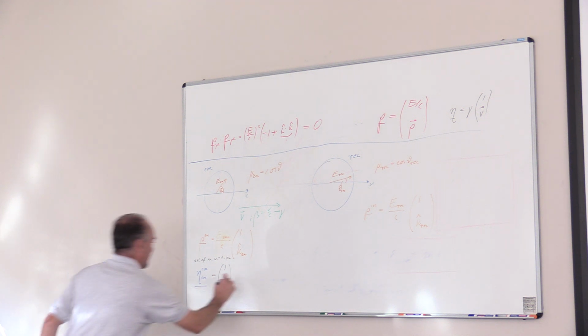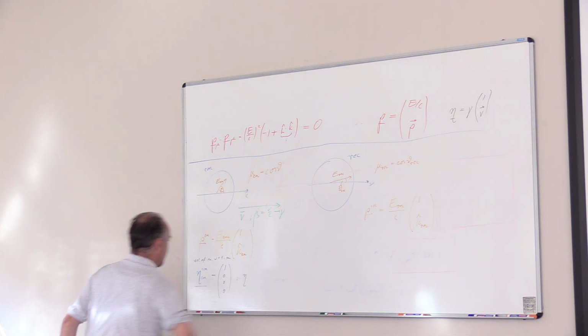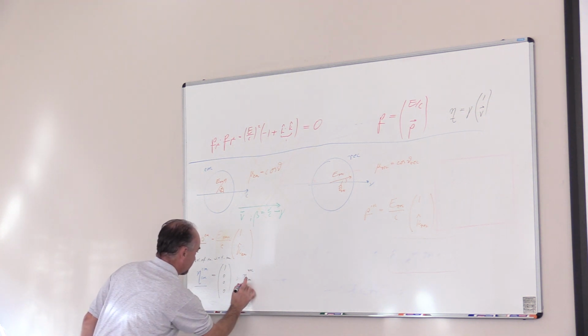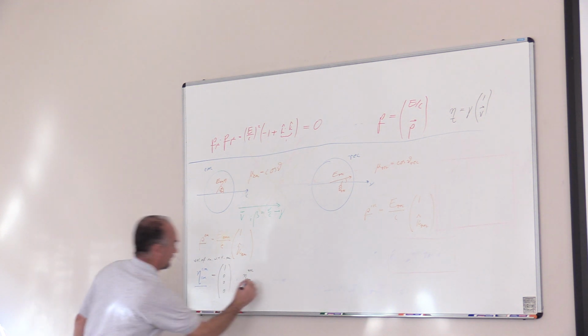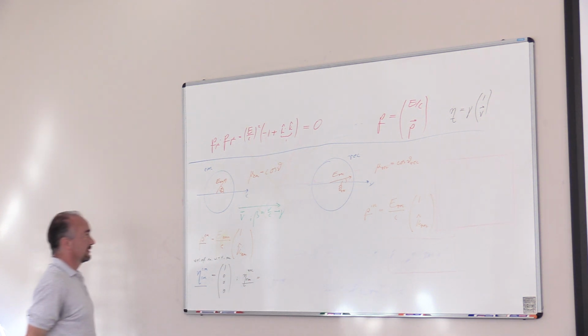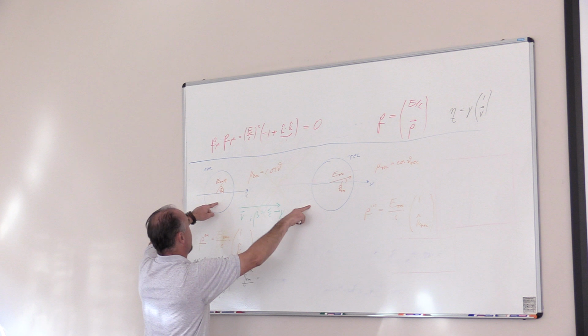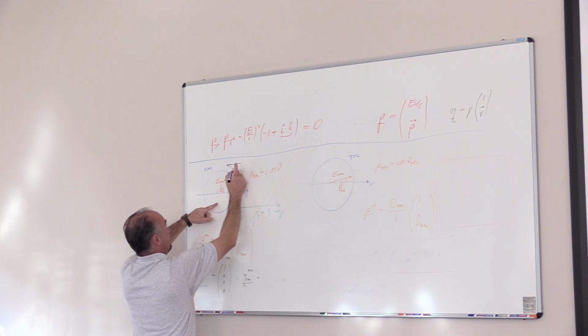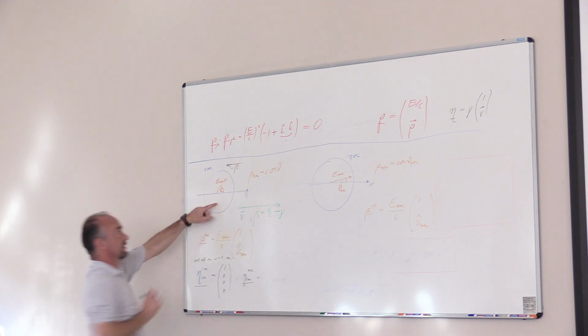All right, but we can say what is, in the emitter's frame, the velocity of the receiver's frame. Now the receiver's frame is actually moving with velocity minus beta here, right?